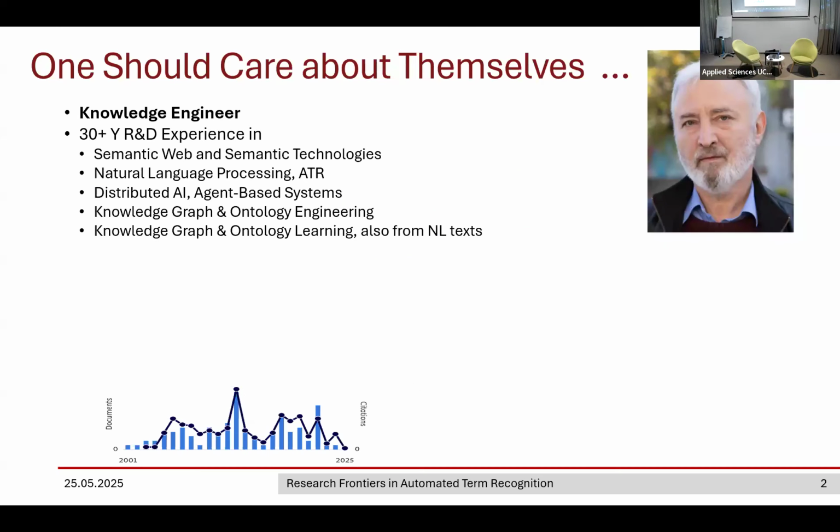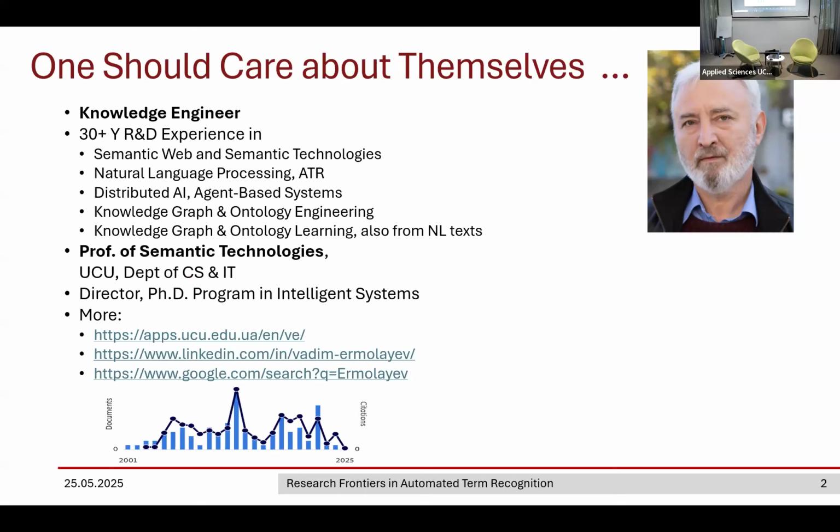As nobody is going to present me, I will do it myself. I'm a knowledge engineer having quite some years of research and development experience in semantic web and semantic technologies, including natural language processing, automated term recognition, distributed artificial intelligence, building on agent-based systems, knowledge graph and ontology engineering, also from natural language texts.